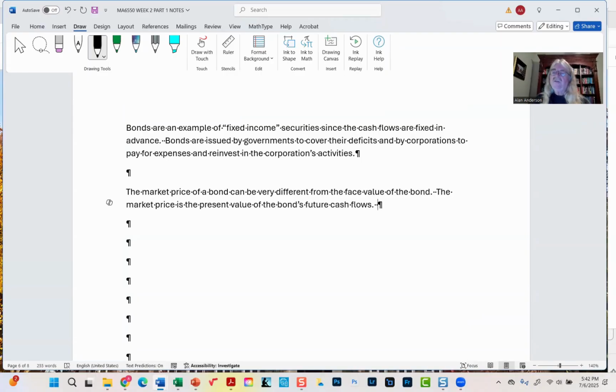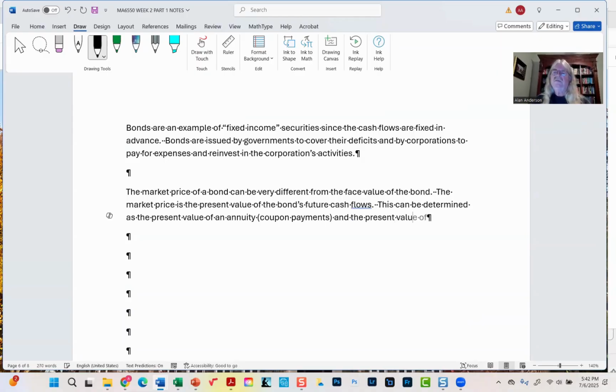Which means that we can calculate it very easily as the present value of an annuity, the coupon payments, and the present value of a sum, the face value. We can calculate both present values, add them up, and we've got our result.